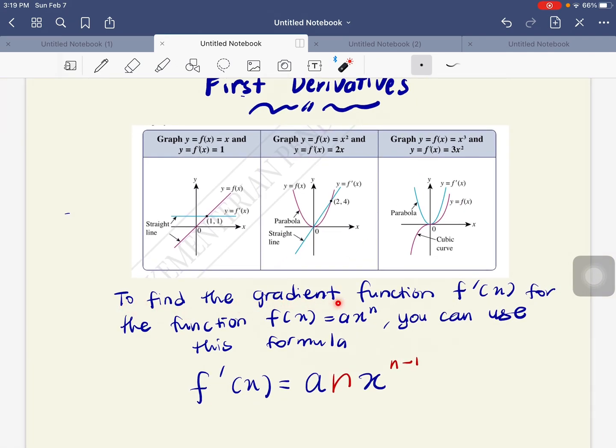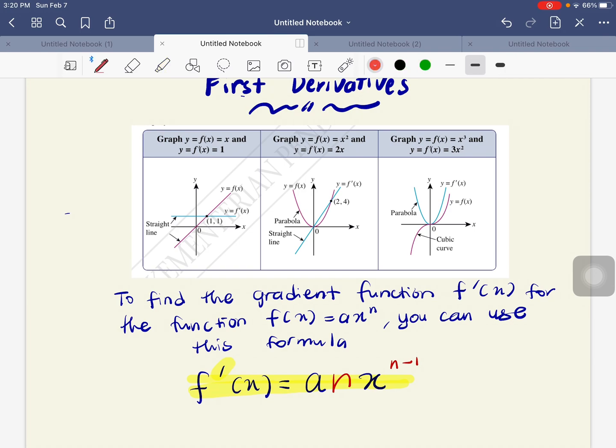To find the gradient function f prime x, in this case because we use f(x), for the function f(x) equals a x to the power of n, let's say a is the coefficient, x is the unknown, and n is the power. How to differentiate? You can use this formula: f prime x equals a n x to the power of n minus 1.